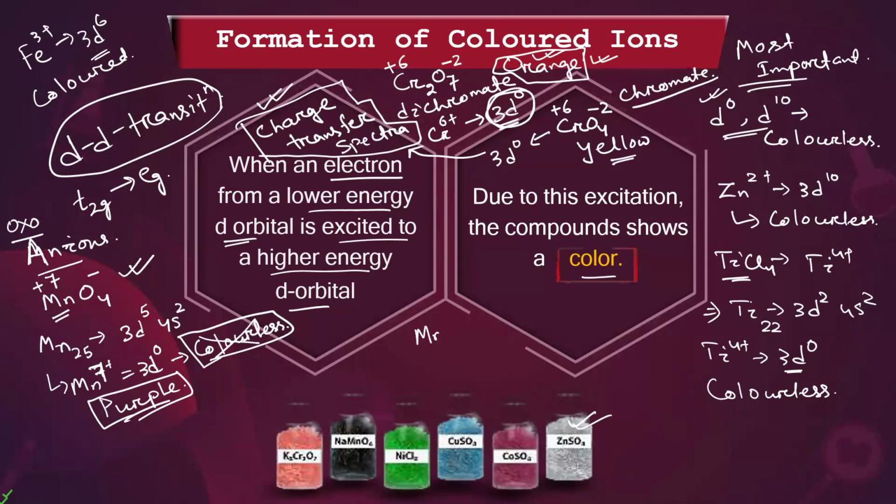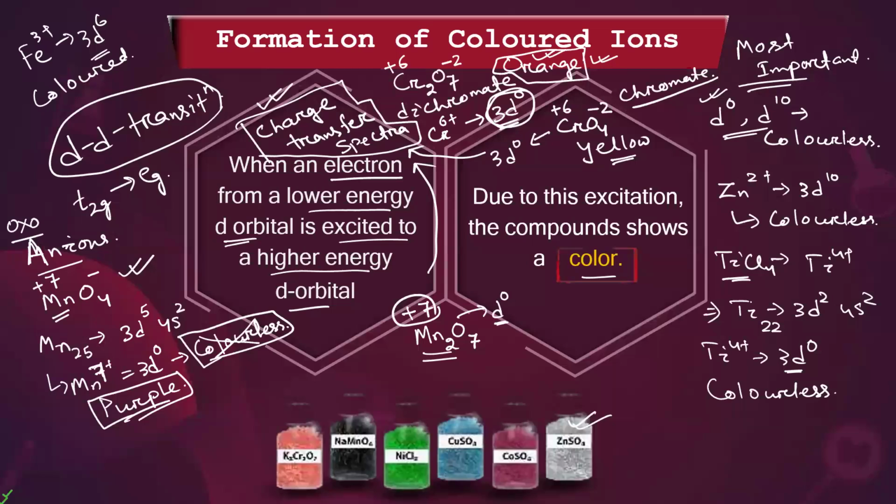In neutral compounds, remember this one: manganese oxide, Mn2O7, one of the oxides of manganese, in which manganese has +7 oxidation state. Again, it has d0 configuration and its color is purple. This is due to nothing but charge transfer spectra.